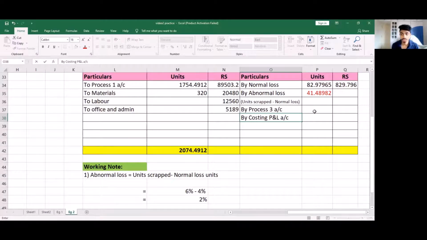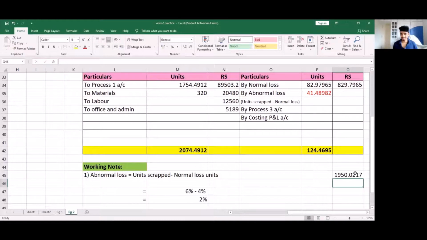So how do we find the units of this? First, we find the difference in units. So let's sum the units on the credit side. So now the difference is what we're going to calculate separately on the side is equal to 2074 minus 124.46. So we get this as the difference.